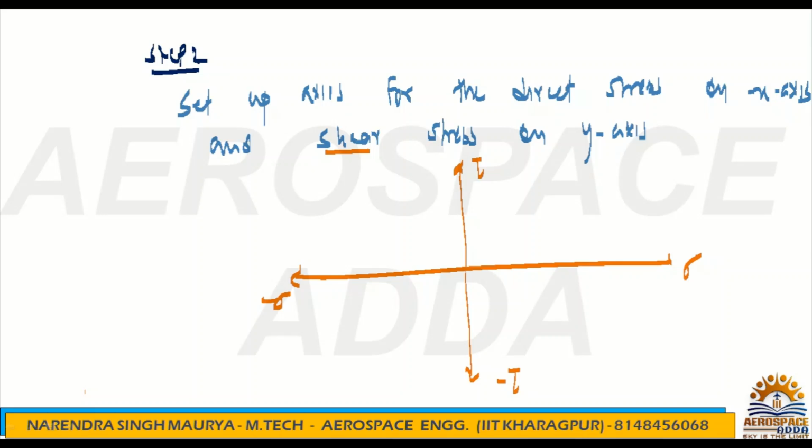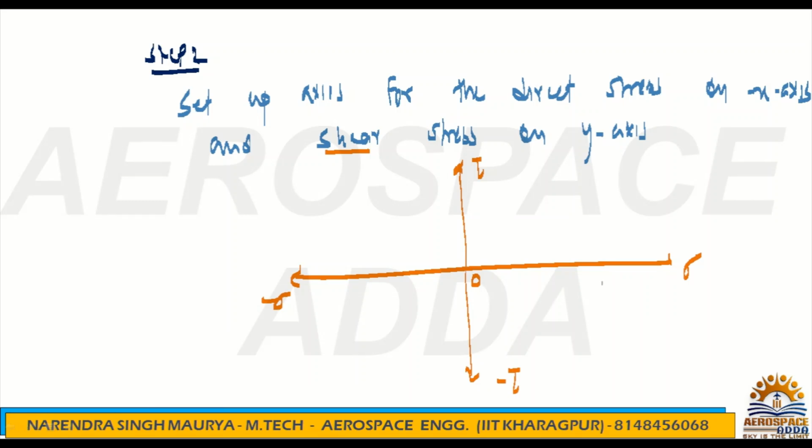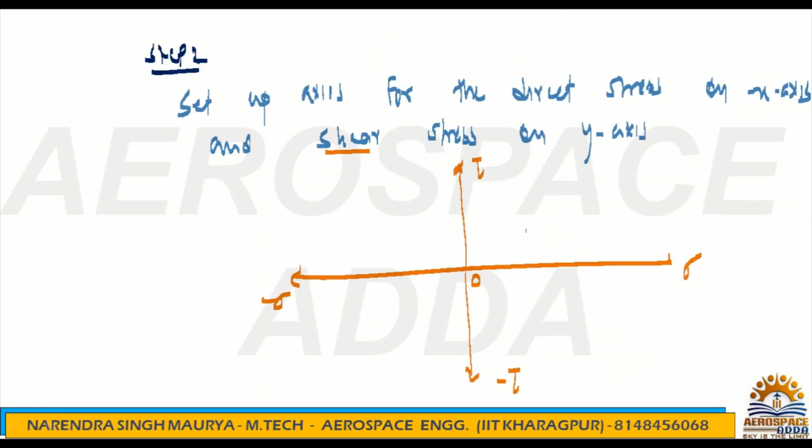We have to take positive. I told you, once it is tensile stress, all the stresses you have to draw on the right side of the origin. Suppose this is the origin, so where are sigma x and sigma y? They will be on the right side. Sigma x is tensile, sigma y is also tensile. So both stresses I have to draw on the right side of the origin O.